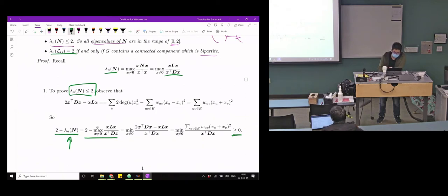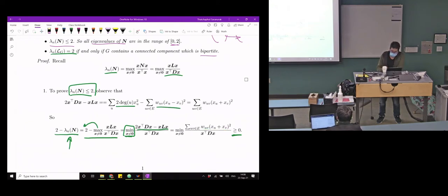And I want to put the max out of this, so I get min. It's minus max, so you get min here instead. And the numerator, you have this term. But by doing the math, you have this thing minus this thing, which is this.